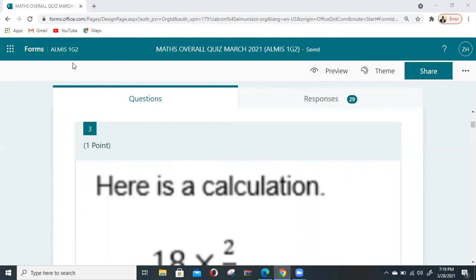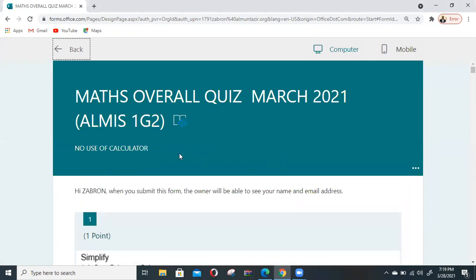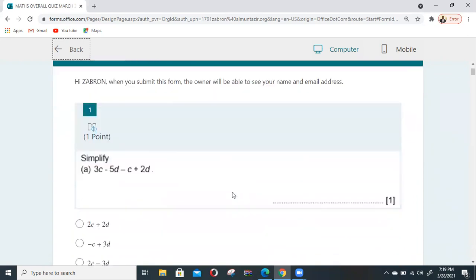So now I'm logged in 1G2 as a student. What I'm gonna do is preview this quiz, and I'm going to pretend that I'm a student in 1G2, and then I'm gonna go and do the quiz, right? So here we go.